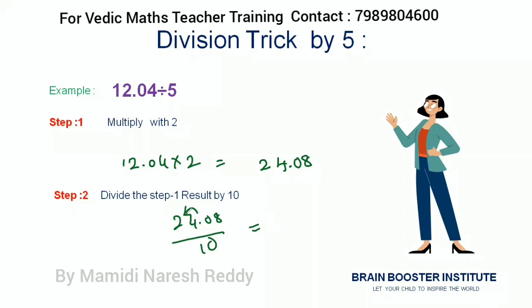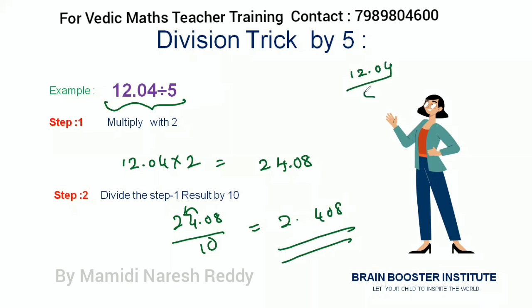So it gives 2.408 here. So you can check this by cancellation, my friends. I'm checking here 12.04 by 5.